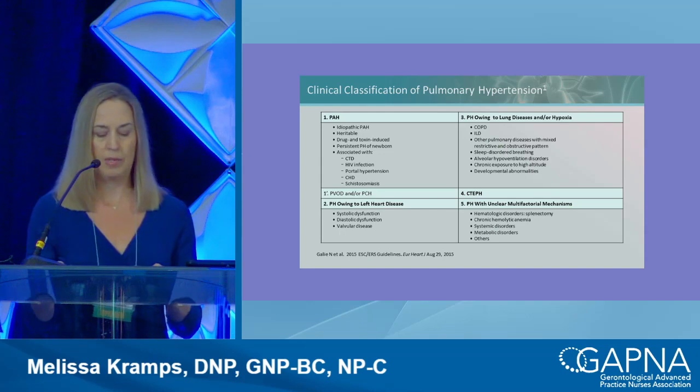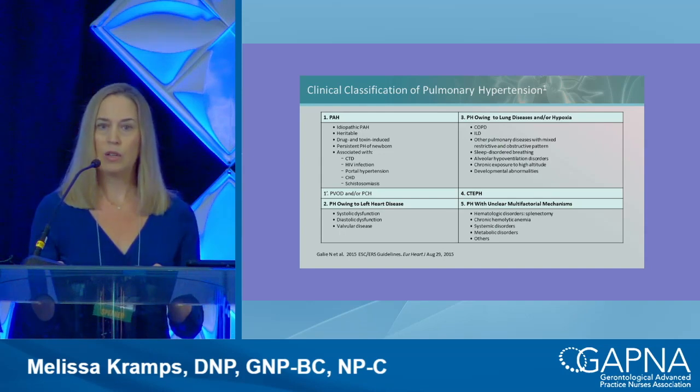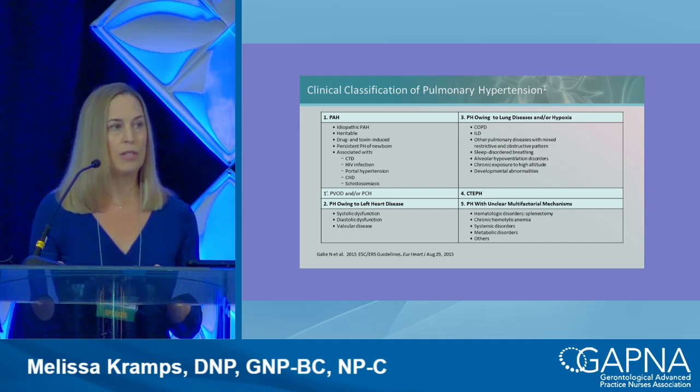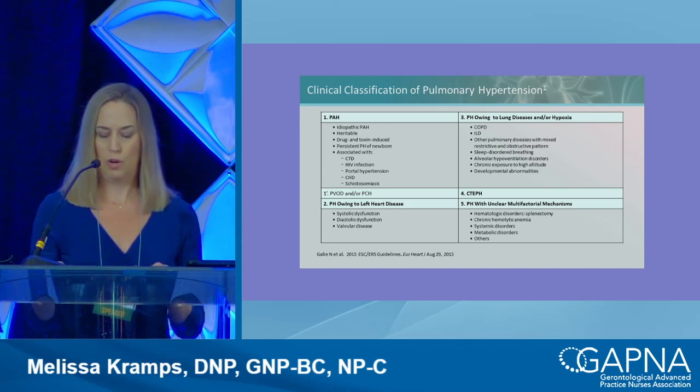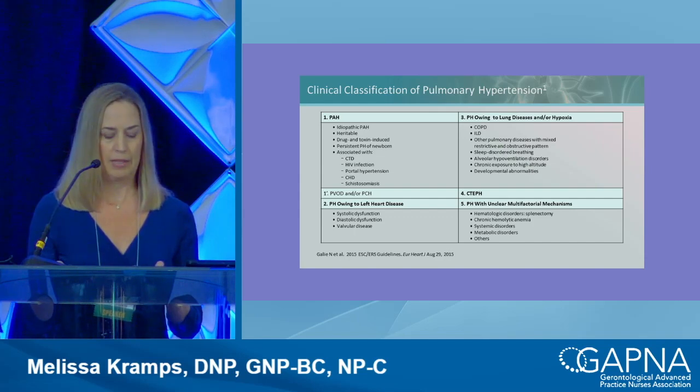Group 5 encompasses PH due to unclear or multifactorial mechanisms. Patients with sarcoidosis, thyroid disorder, myeloproliferative disorder, and other cancers would fall into this category. If any of these processes cause increased pressure in the pulmonary vasculature, you may see precapillary hemodynamics.